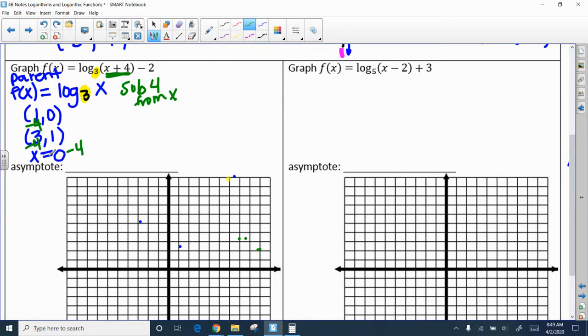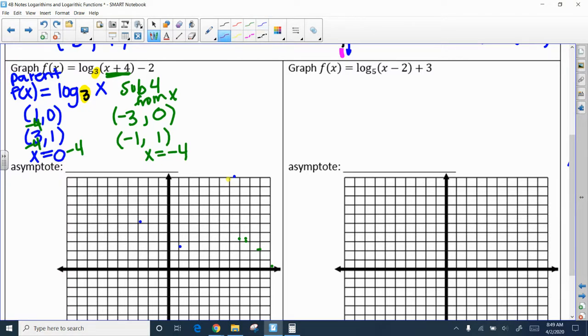So I'm also subtracting 4 from the asymptote because it's an x value. So now my new x values are negative 3 and negative 1. And so far, I haven't changed my y values. So my y values are 0 and 1. And then my asymptote now is x equals negative 4 because we subtracted 4 from that as well.